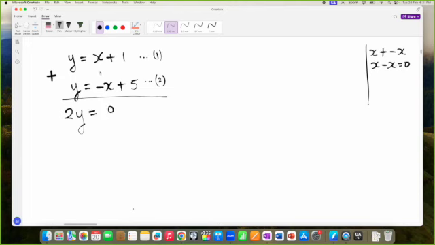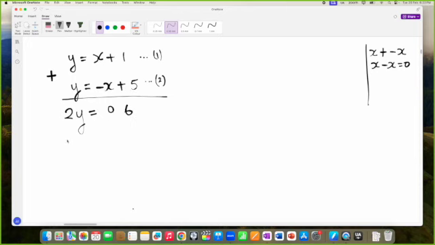We eliminated the x's. If I subtract the equations, I could eliminate the y's. But if I add the equations, I can eliminate the x's, because one of the x's is 1 and the other is minus 1. So 1 minus 1 is 0. And then 1 plus 5 is 6.